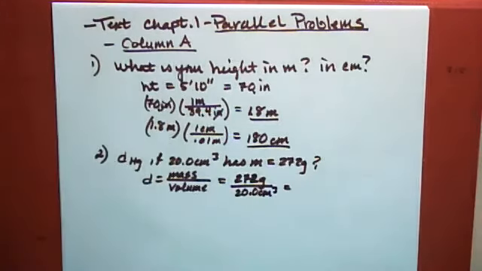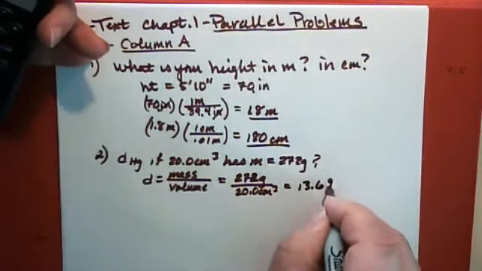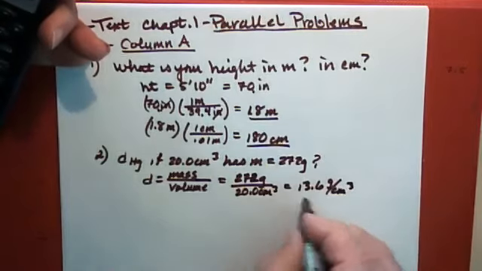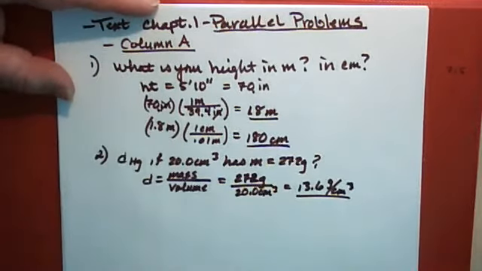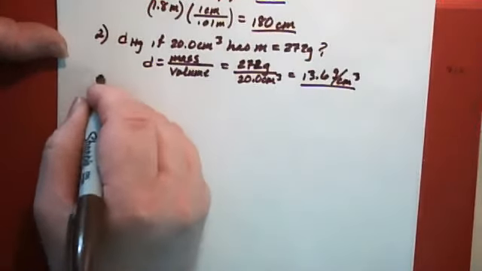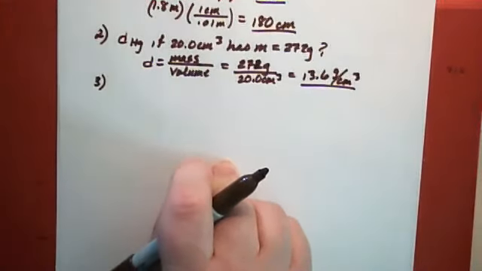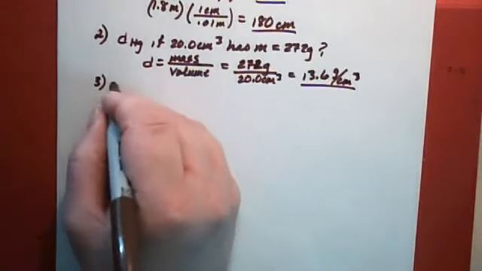Okay, so 272 divided by 20.0 would be 13.6 grams per cubic centimeter. So that's really all you had to do for that one.